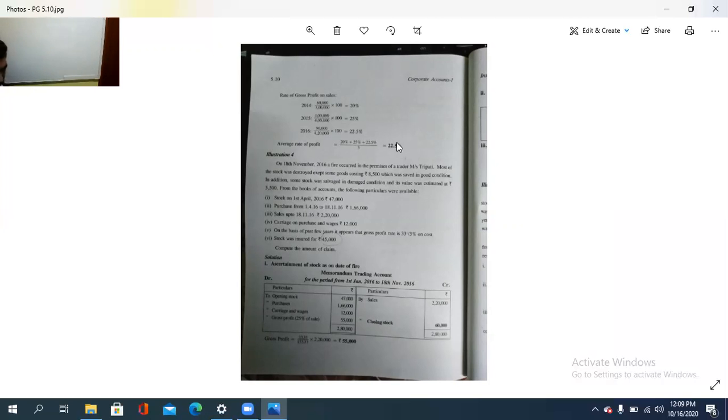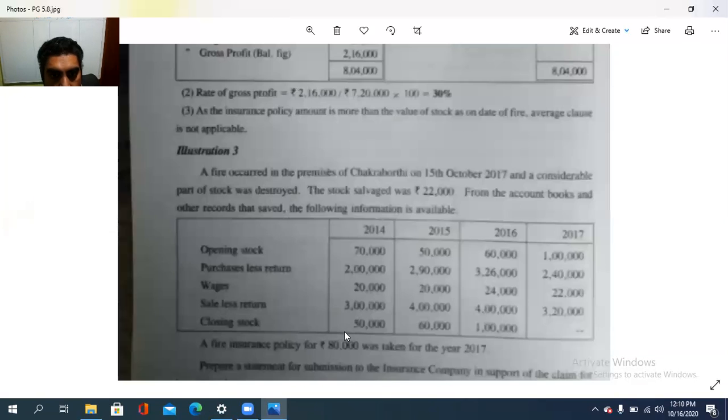So trading account, memorandum trading account for the year 2017. Okay. Then opening stock. Opening stock, to opening stock, how much it is? 1 lakh.